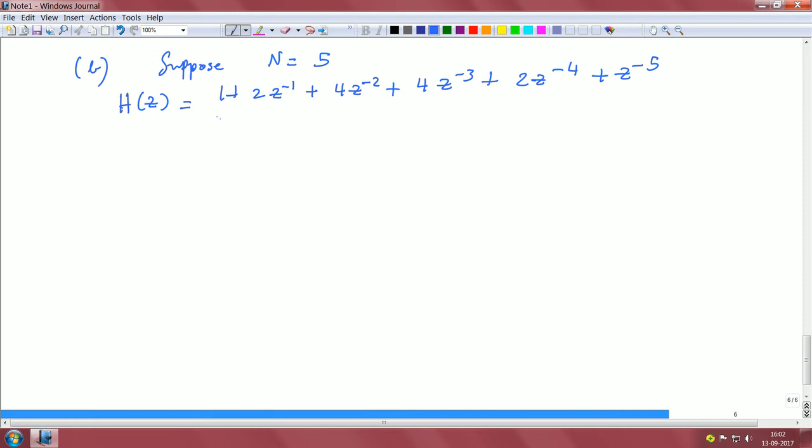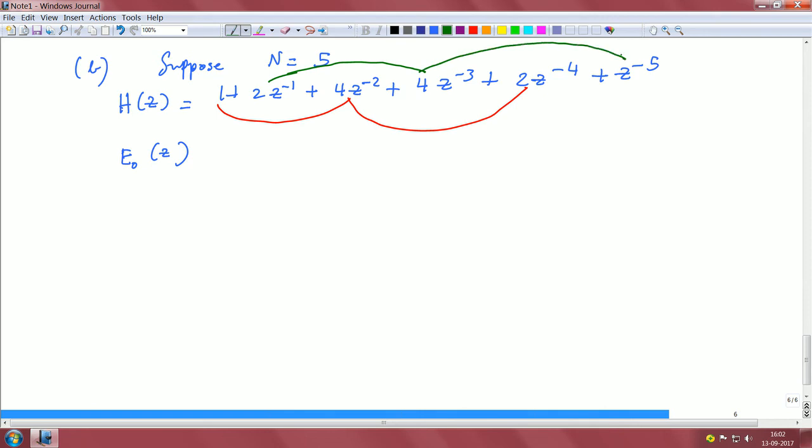I mean, observe the symmetricity, because we have started with the constraint that h of z should have a symmetric impulse response, right. Now, when we do the polyphase decomposition, we get, just to recall, you take this and then you take this, and for the other case you take this, you take this, you take this.